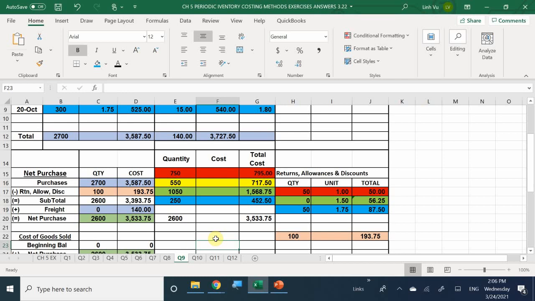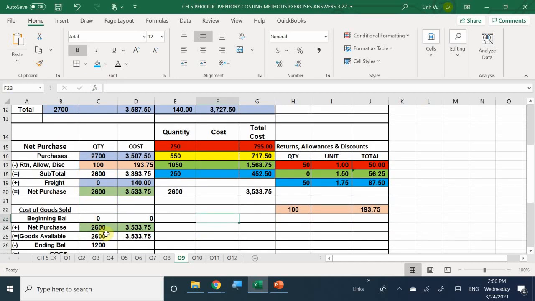Okay, so this is what I'm trying to do here. Now that I have my total quantity of 2,600, which is my total goods available, and I have my total cost of $3,533.75, in this concept we do not care what batch came first or what batch came last, because at the end of the day, we're just going to add them all up together and find a new average cost per item.